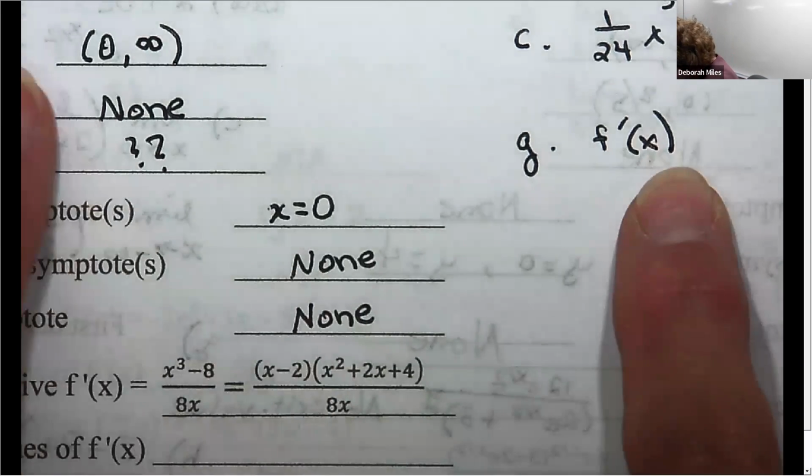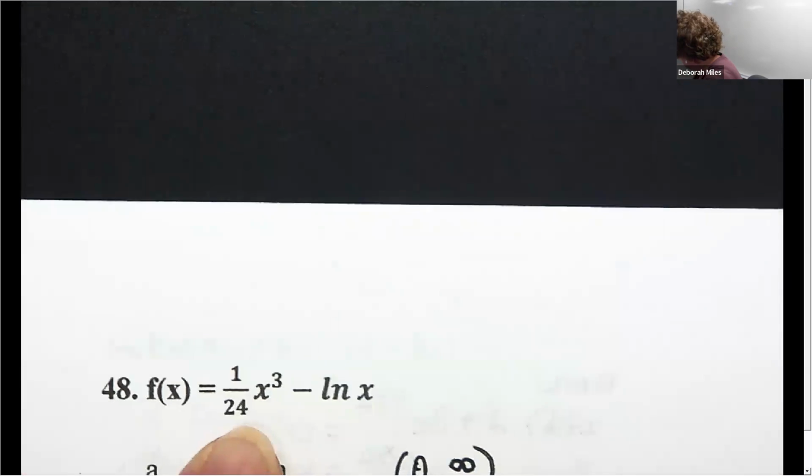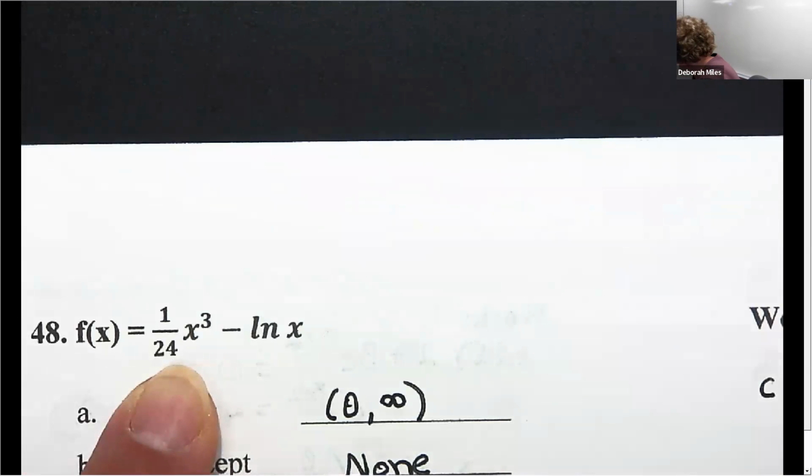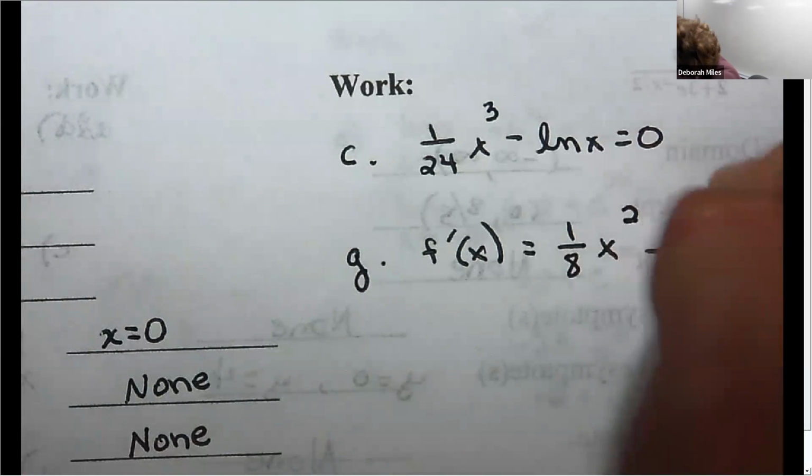But f prime of x, the derivative of 1/24 x cubed would be what? (1/8) x squared. And the derivative of natural log of x, 1/x.